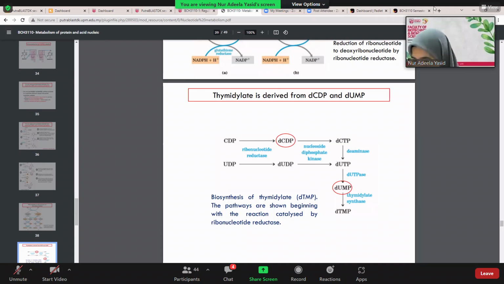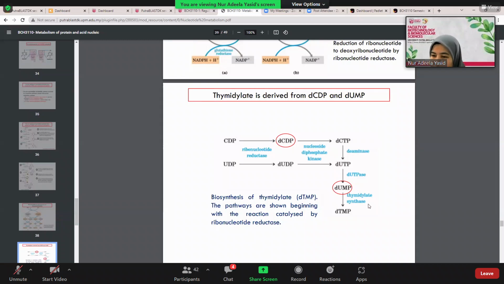Apart from that, one thing yang saya nak highlight is this particular reaction. As I mentioned tadi, the conversion of dUMP, deoxyuridine monophosphate, to dTMP, catalyzed by thymidylate synthase, involves a methylation reaction. Methylation reaction meaning dia mesti ada dia punya donor.